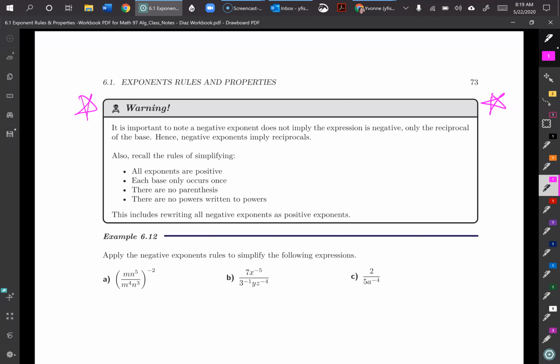Now, no parentheses meaning we shouldn't have any product to power rule left. But when you're doing your electronic homework, keep in mind that you're going to need to put parentheses around a numerator or denominator possibly, because otherwise the syntax won't come out right. It'll mark it funny. So the best thing to do is actually use the little palette, the equation editor tools that they provide in there.